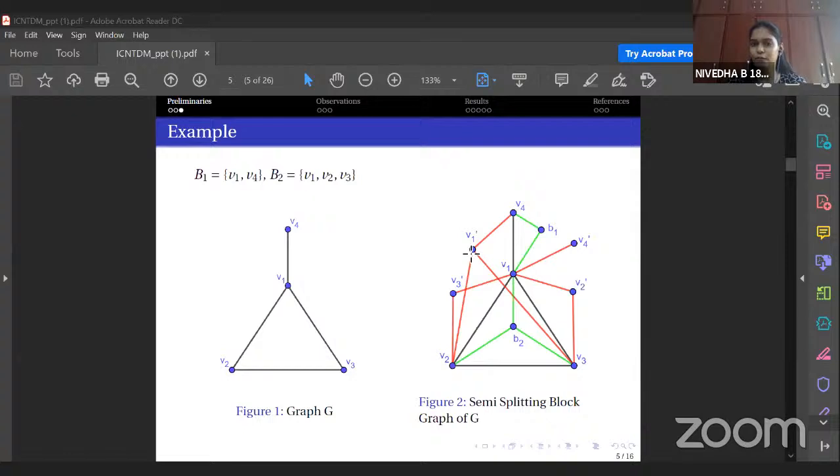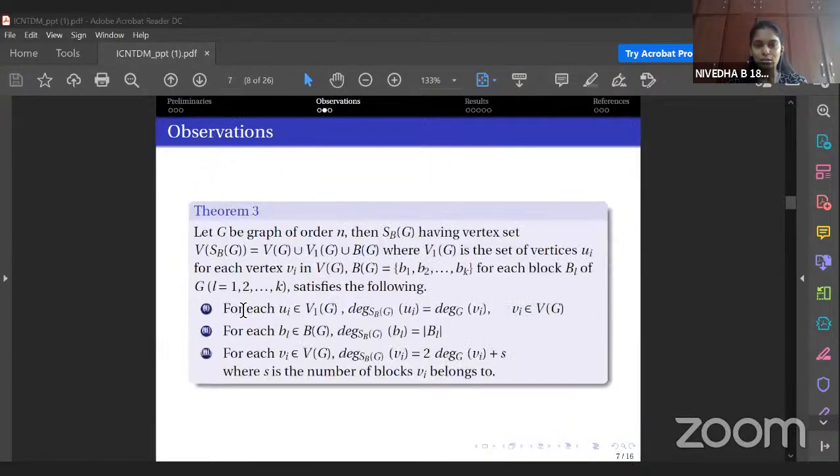So obviously the degree of Ui, that is Vi dash, is equal to the degree of Vi in G. It is direct from the definition.